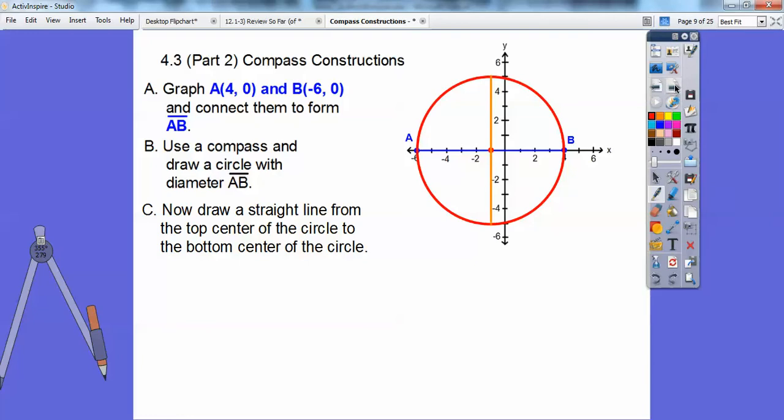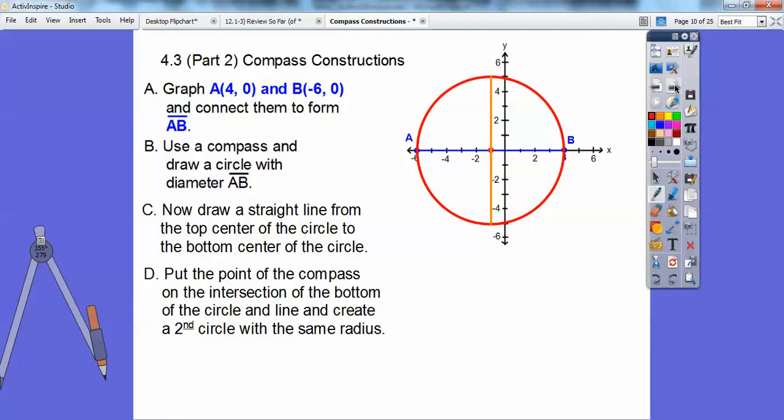Then we're going to take that diameter and put the point of the compass on the intersection at the bottom of the circle, where the line we drew meets it. Let me make this a little bit smaller.